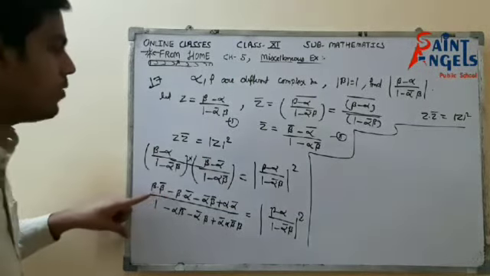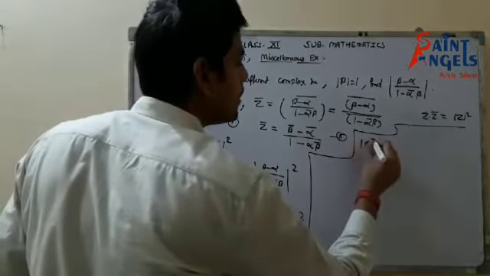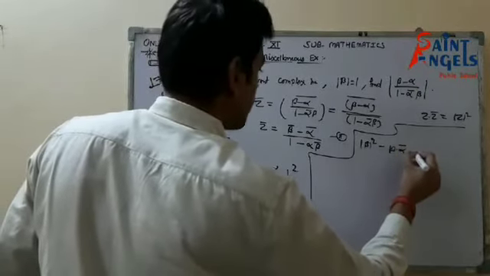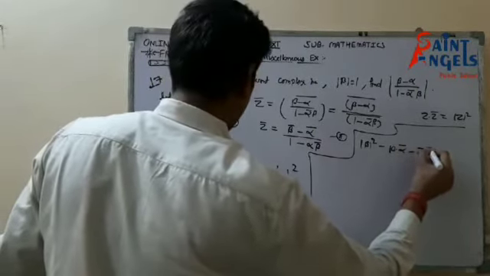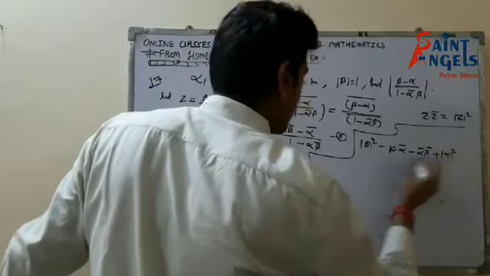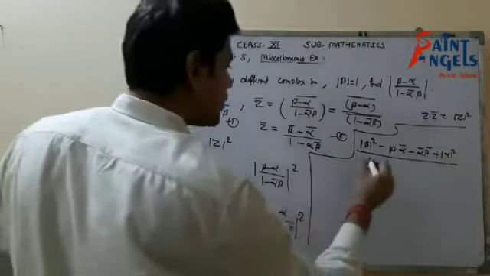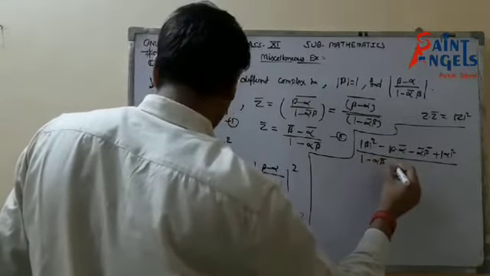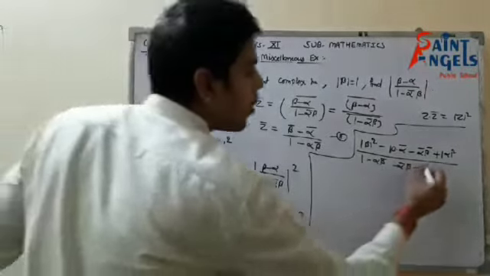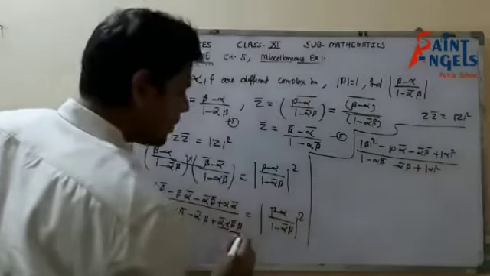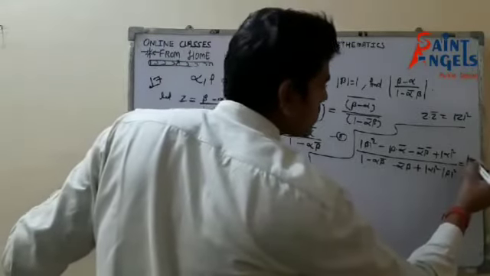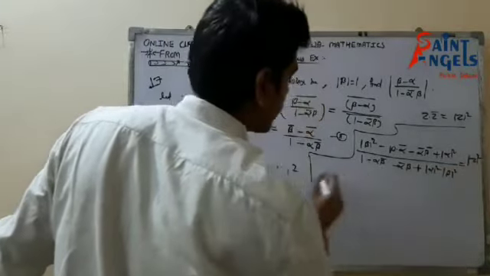So beta dot beta bar would be mod of beta square minus beta dot alpha bar minus alpha bar beta bar plus alpha dot alpha bar, magnitude of alpha square, upon 1 minus alpha beta bar minus alpha bar beta plus alpha bar alpha, modulus of alpha square, and beta bar beta, modulus of beta square, equals to this z square. I am just simply writing like that because of lack of space.